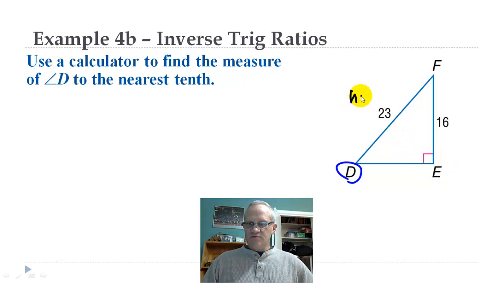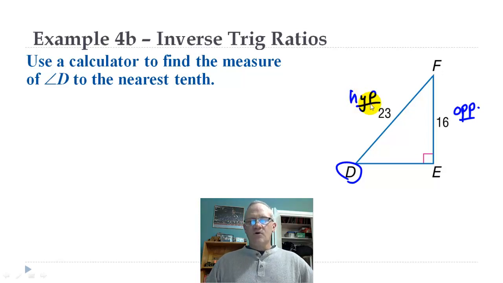This is the hypotenuse. So from angle D, what's 16? Is that adjacent or opposite? Well, it's not right next to D. It's way over here, so this is opposite. Okay, so that's the two that we know, the hypotenuse and the opposite. So what trig function uses opposite and hypotenuse? Think through that.